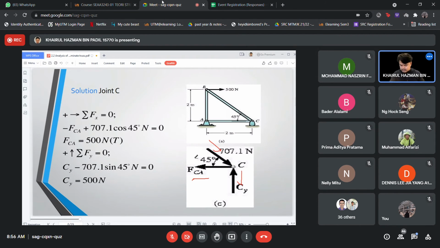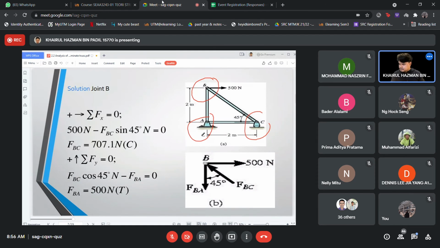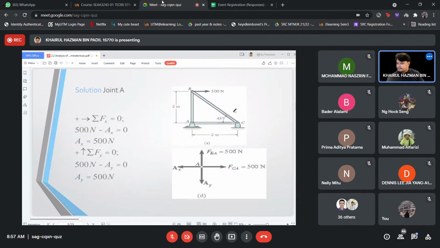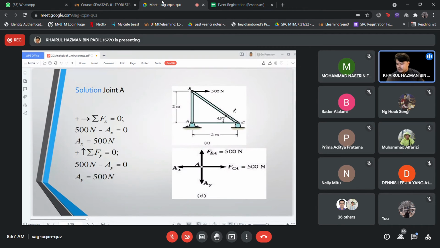If you have, for example, an axial force acting this way, there will be another axial force acting this way. So that is why we have 707.1 Newton there.